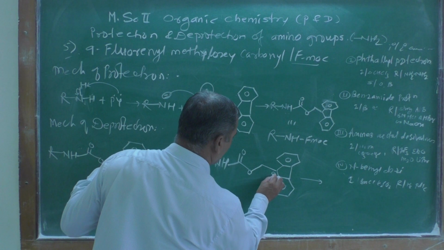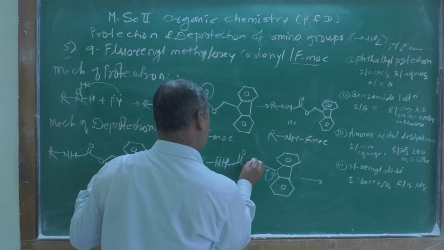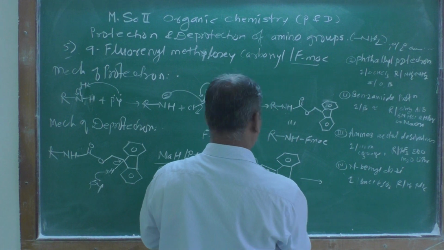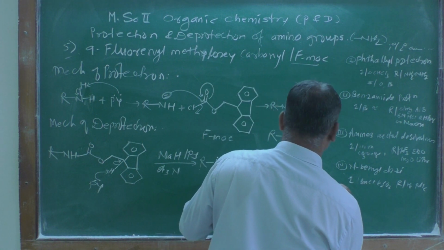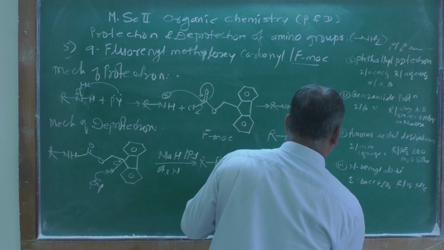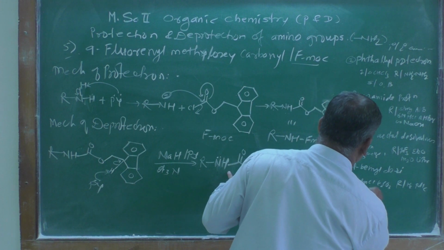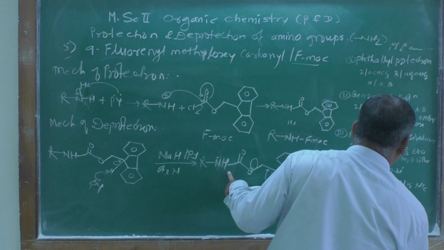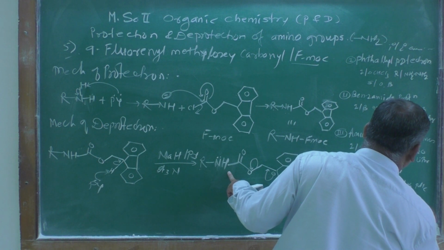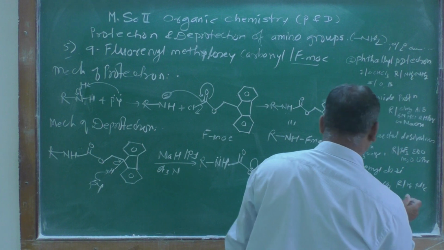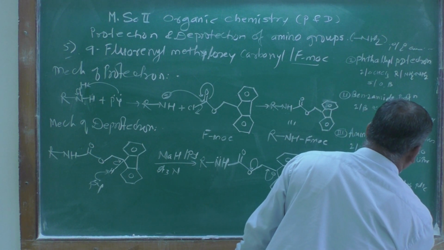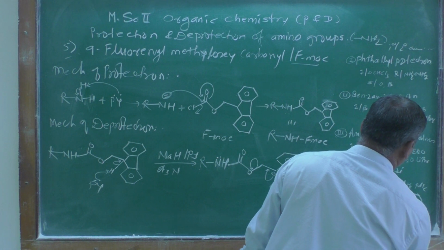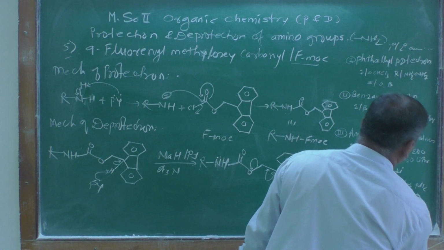This negative charge forms a double bond over there, and this bond gets cleaved, and we are going to get R, then NH, then C double bond O, then O with a minus charge and lone pair, and then a double bond to the 5-membered ring, with a benzene ring fused on both sides of that 5-membered ring. So this is the structure.